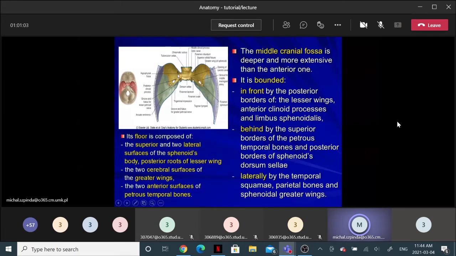The highest foramen is the foramen rotundum, this one is the foramen ovale, and the smallest is the foramen spinosum. As you can see, through both the foramen ovale and foramen spinosum, we can see the external cranial base, because both communicate with the infratemporal fossa.